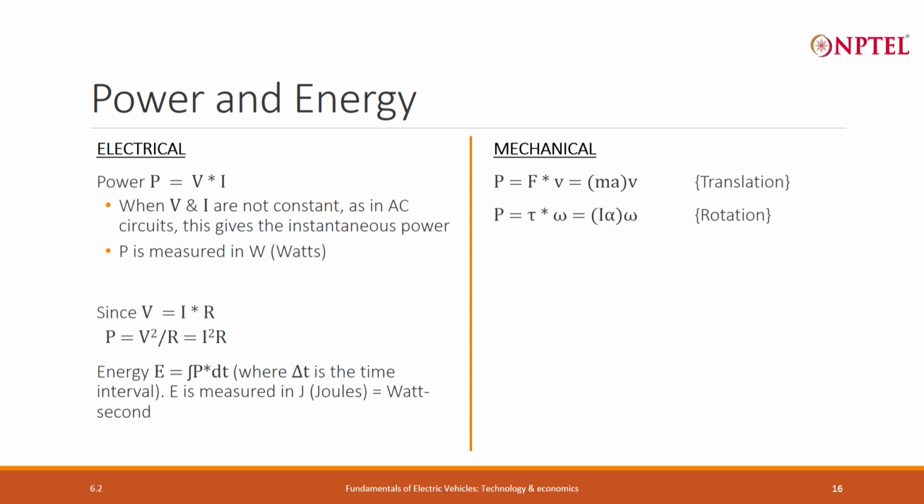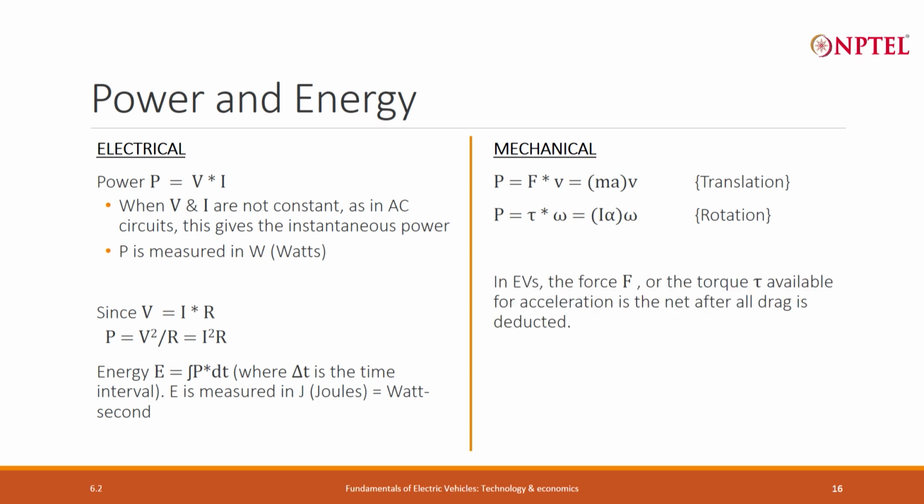What is really happening in a motor is that electrical power is getting converted into mechanical power, and when I am using the equation with torque or force, what I am talking about is the torque or force that is available for acceleration, which is after all the drag components are deducted from it, and you are already familiar with all the drags.